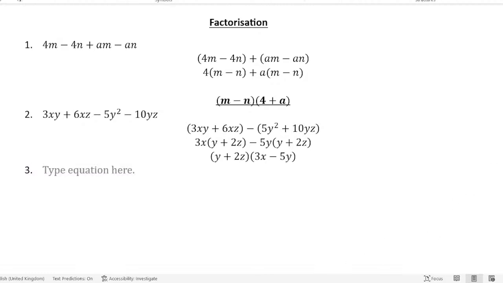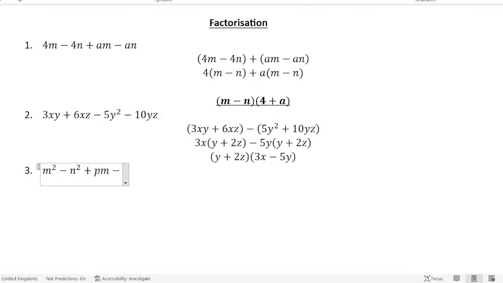I hope I'm still being heard. So I have m squared minus n squared plus pm minus pn.